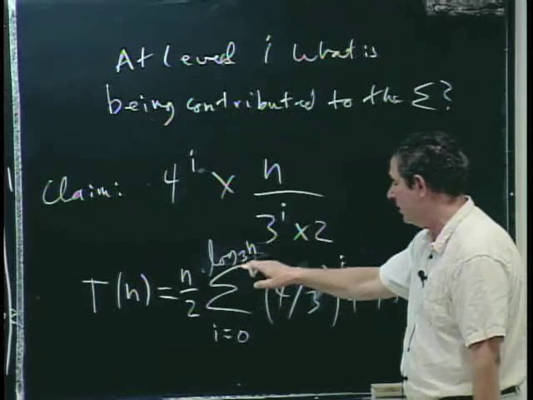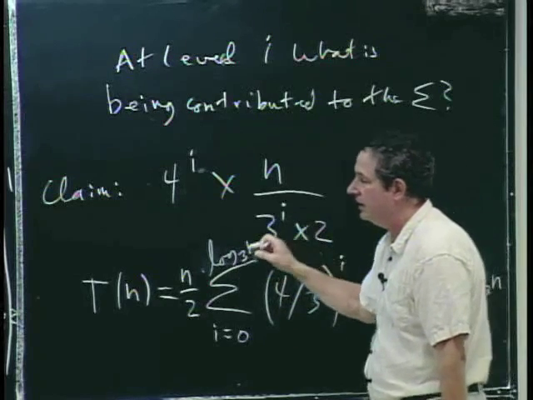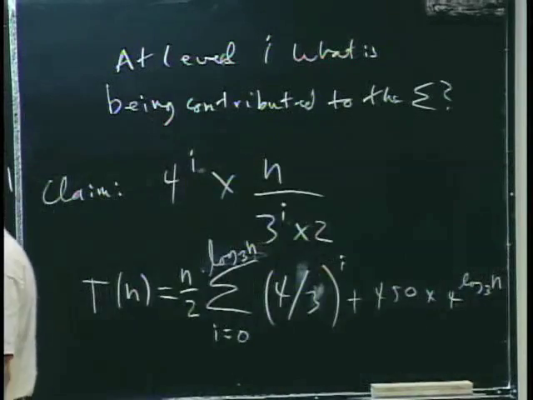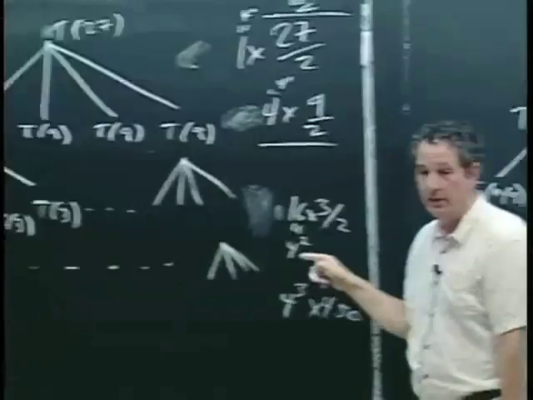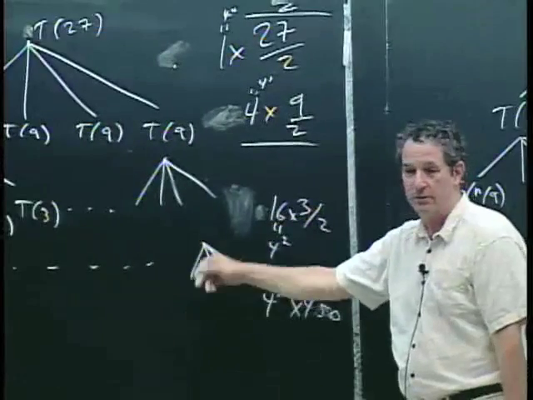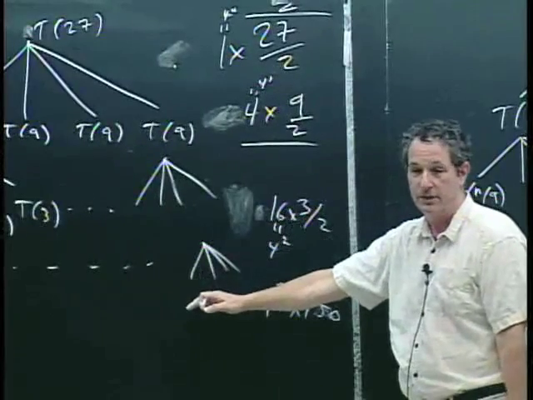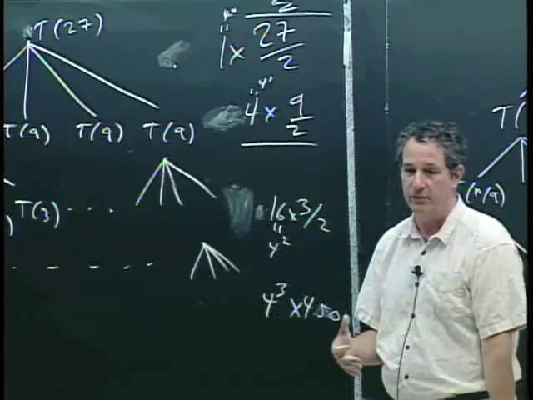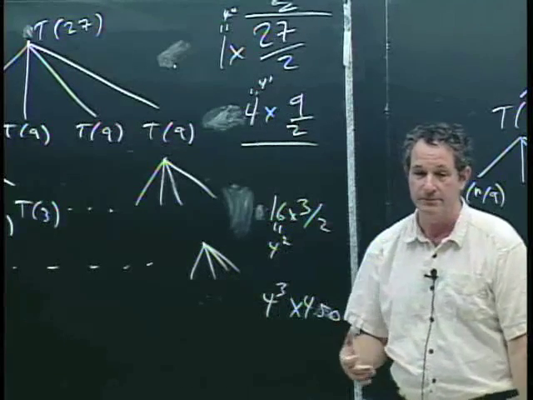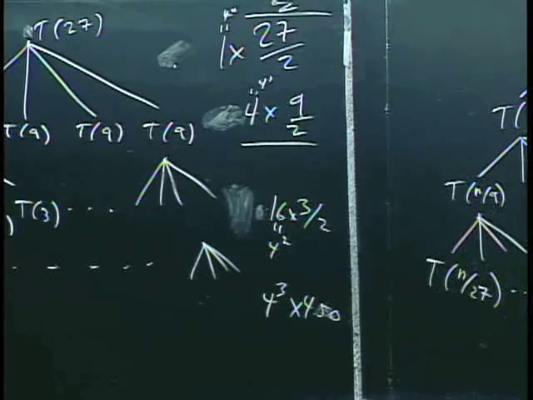So, yeah, log base 3 of n is how many times you divide until you get down to 1. And you're observing that you're only adding into the sum all but the last one. Okay? And the last one is taken care of by the 450 business. Yeah. So it won't matter much, but let's do it right.